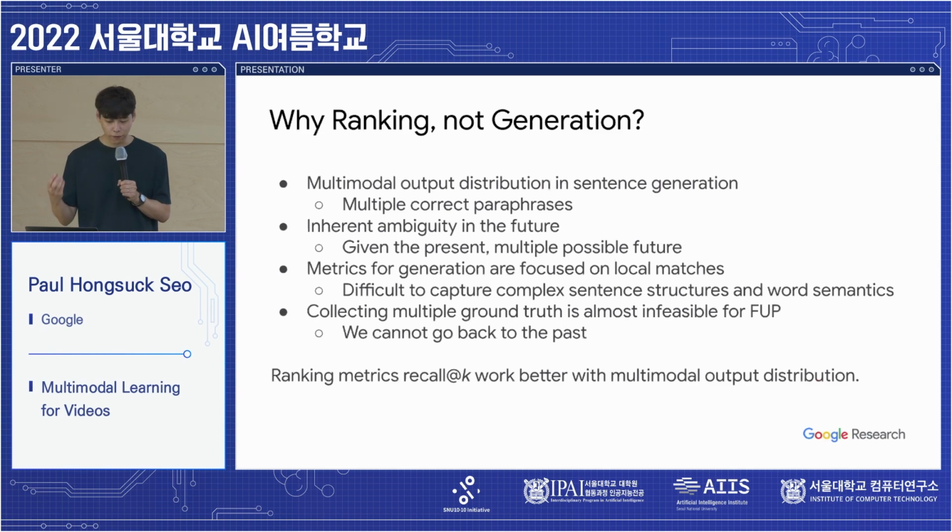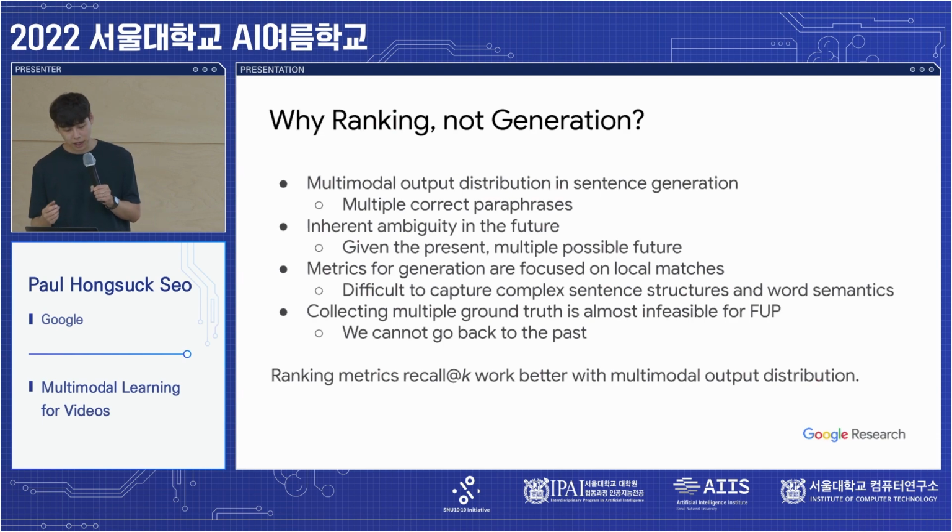As I said, this is a proxy task towards the visually contextualized conversational AI system. But why are we not considering generation, and why are we considering ranking instead?